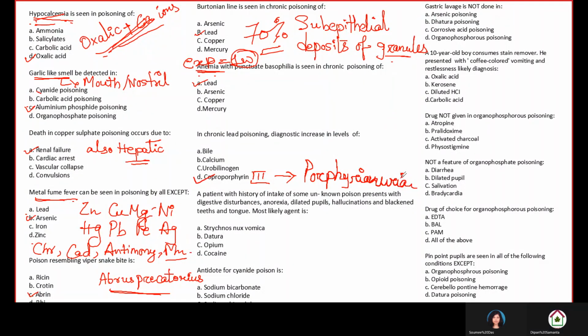Porphyrinuria occurs due to increased coproporphyrin 3, which is a valuable screening test for lead poisoning. For chronic lead poisoning, we can use porphyrinuria as a screening test.